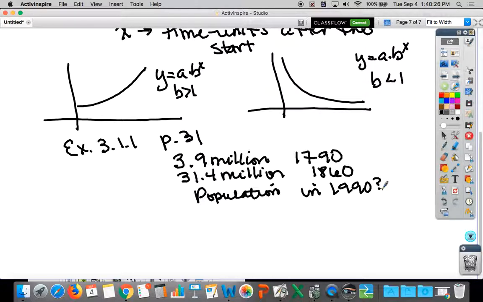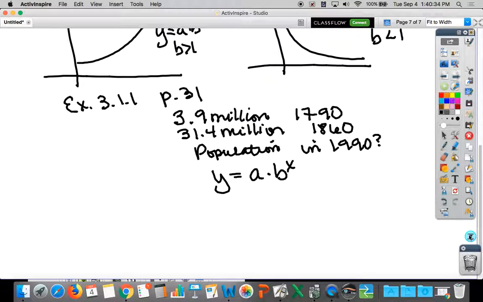So we're going to have to do y equals a times b to the x. Now, they did not give us a growth factor. They gave us an a. What did I tell you A represented? Initial value. Initial meaning first.